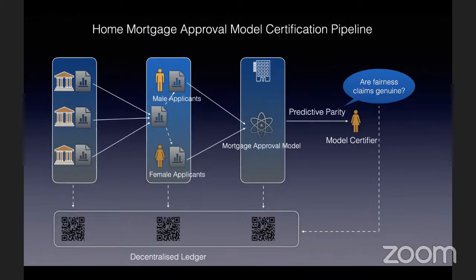So the model owner is trying to show that its model is fair, and the model certifier is essentially trying to verify if the fairness claims are genuine, right? Like the model doesn't discriminate between male and female applicants, right? So using this pipeline, claims of fairness can be tested just using the hashes of the respective assets involved, right?